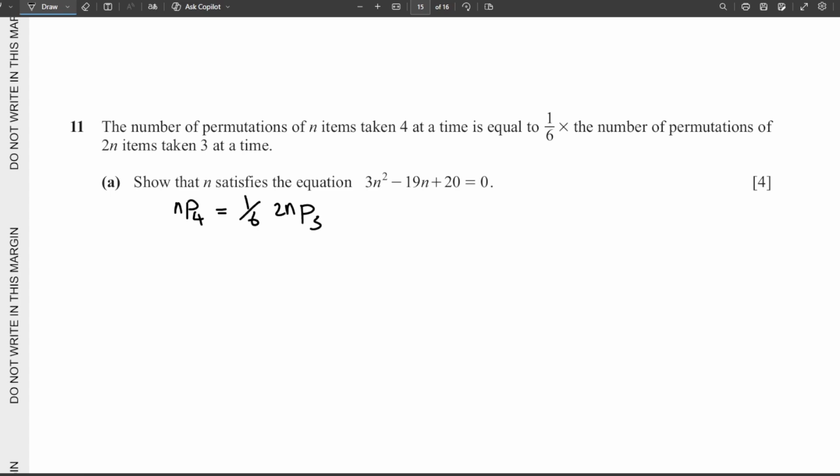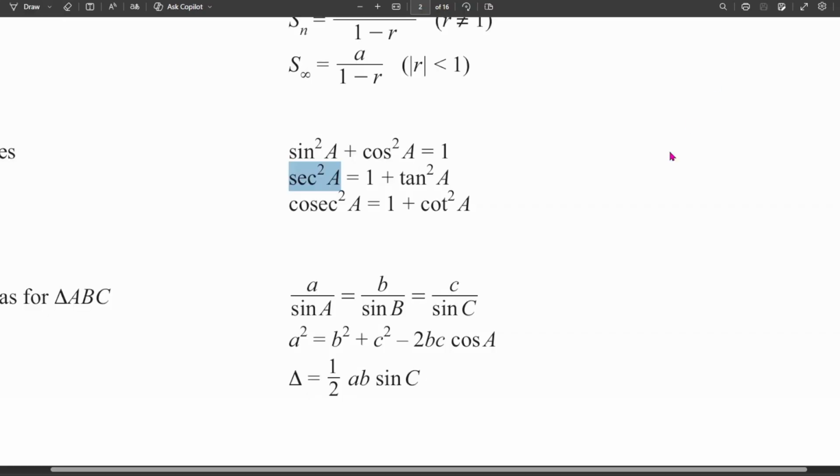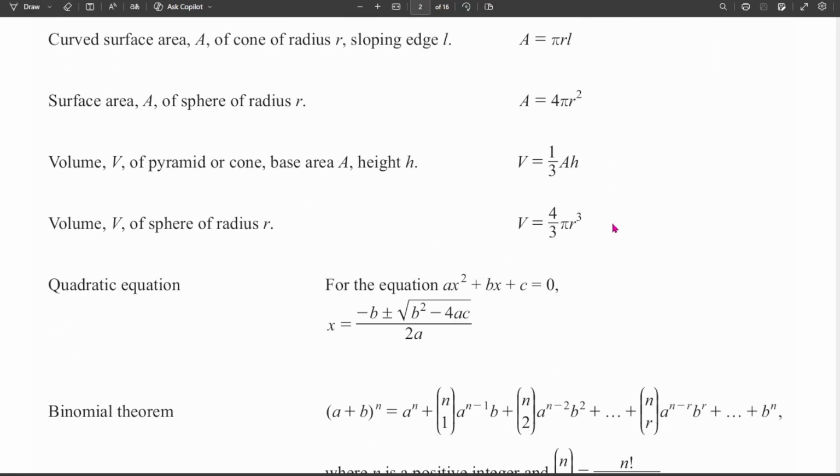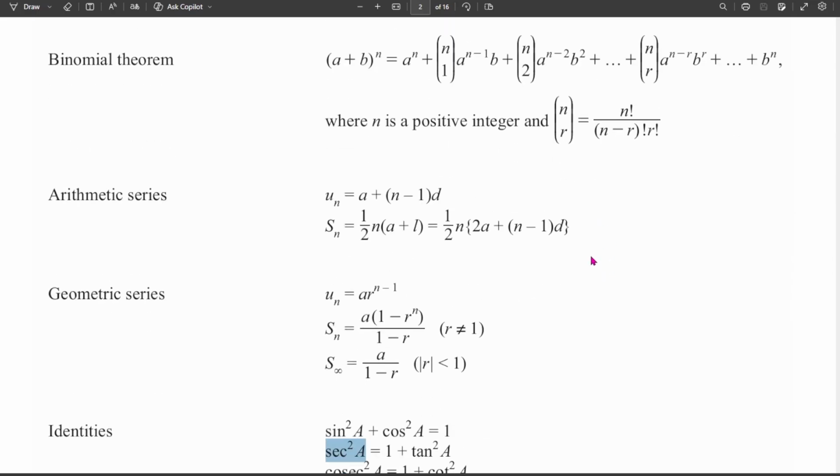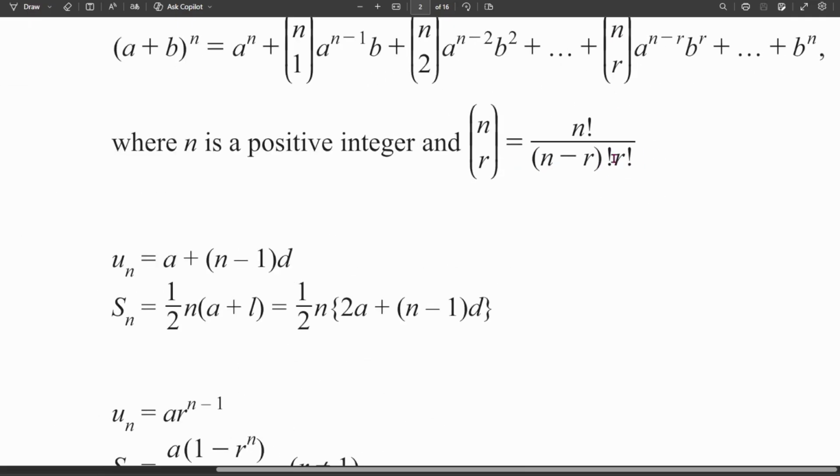Okay, so there's the permutation, and we'll refer to the formula sheet. You can try and see that there's no formula for permutation. All you have is the formula for combinations here. So actually, it's pretty simple. For combination, you have this extra r factorial term on the bottom, whereas for permutation, you just don't have this.